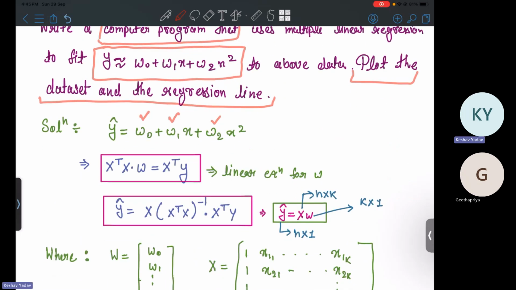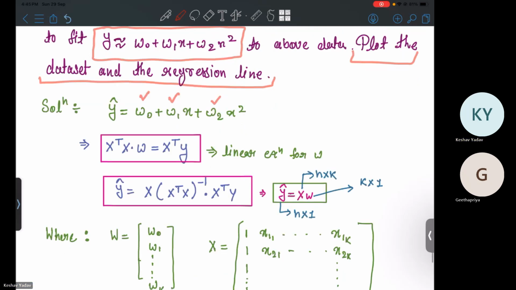So here the vector notation will be easier to implement in the computer.